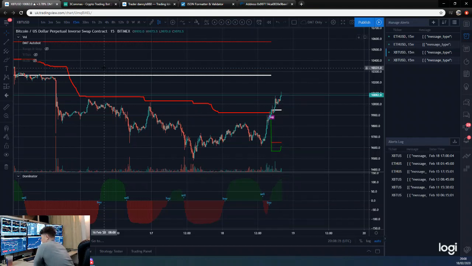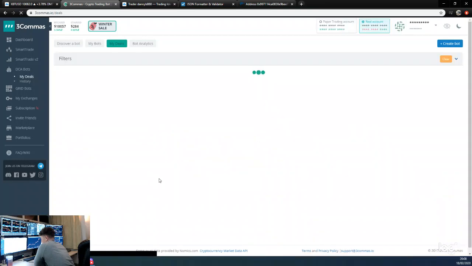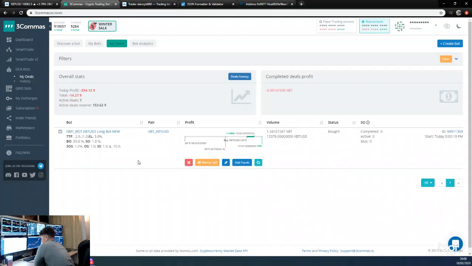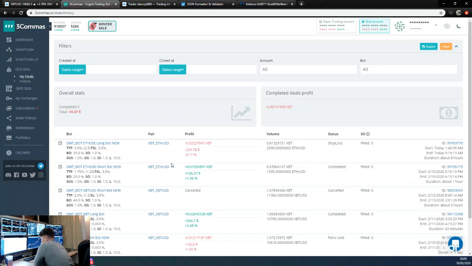So if we go over to the bot, you can see we're currently in this Bitcoin position here. We're in 1.6%, which is great. If I show you my closed deal, the closed deal for the Ethereum was down 3.11%, a $254 loss.